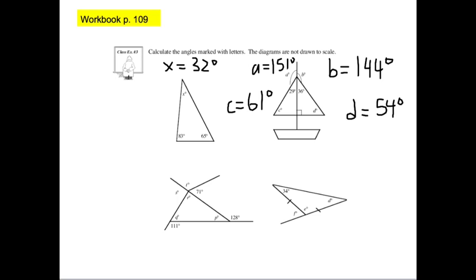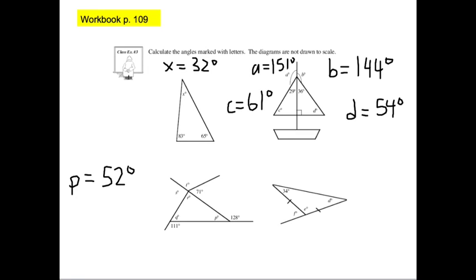For the third triangle, we have some exterior angles and some straight angles that will help us out. Let's start with P. P plus the exterior angle is going to equal 180 degrees. So 180 minus 128 is going to equal 52.